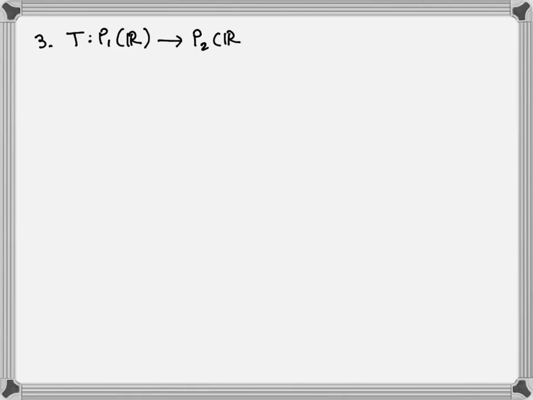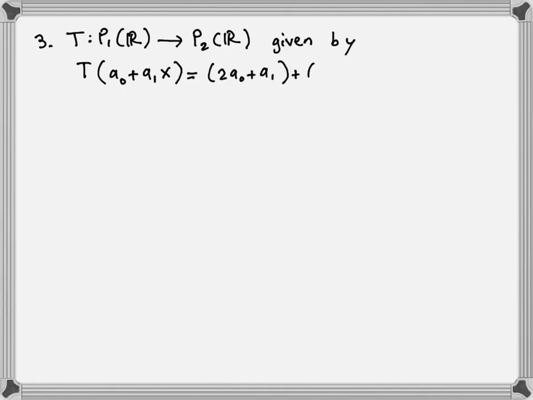This is first degree polynomials or less to second degree polynomials or less, given by, so I have to tell you where it sends a polynomial, so it takes this polynomial and sends it to, sorry, I should have put a 3 there.